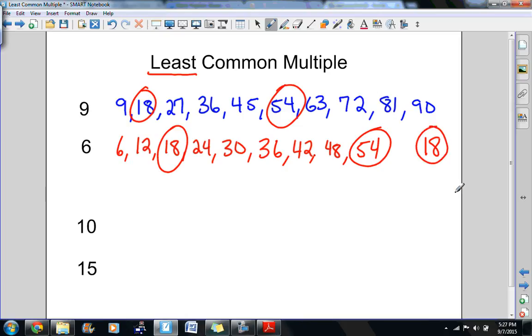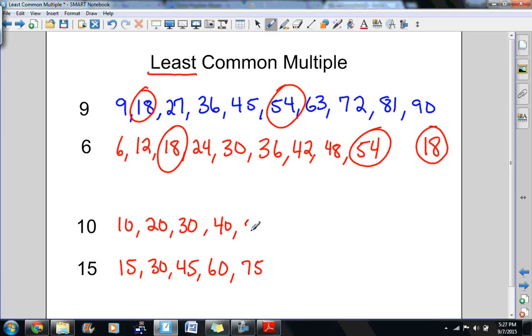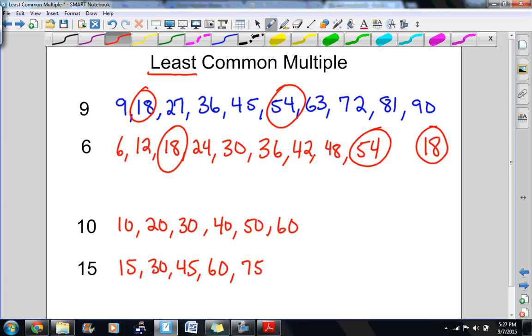For the second numbers down here, we have 15 and 10. Once again, start with the largest number. The biggest mistake that students make here is that they want to multiply these two numbers together. They want to do 10 times 15. That will find you a common multiple, but it will not find you the least common multiple.